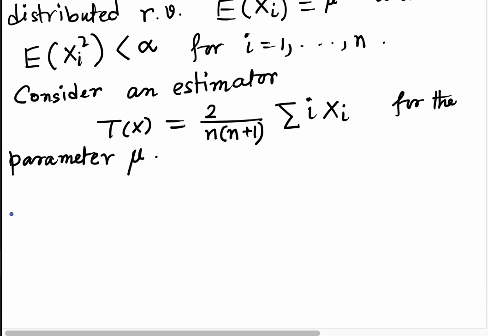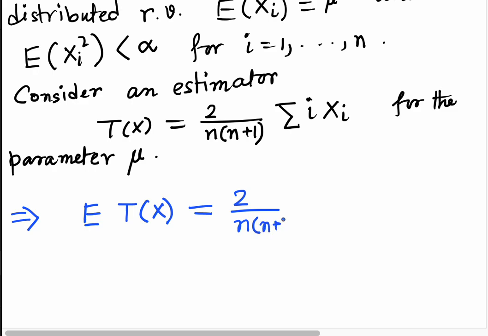To check its unbiasedness we first have to check the expectation of T(X). If the expectation of T(X) becomes equal to the parameter, then we can say that T(X) is an unbiased estimator. So the expectation of T(X) will be 2 by n plus 1 times the summation of i times the expectation of Xi, where i equal to 1 to n.